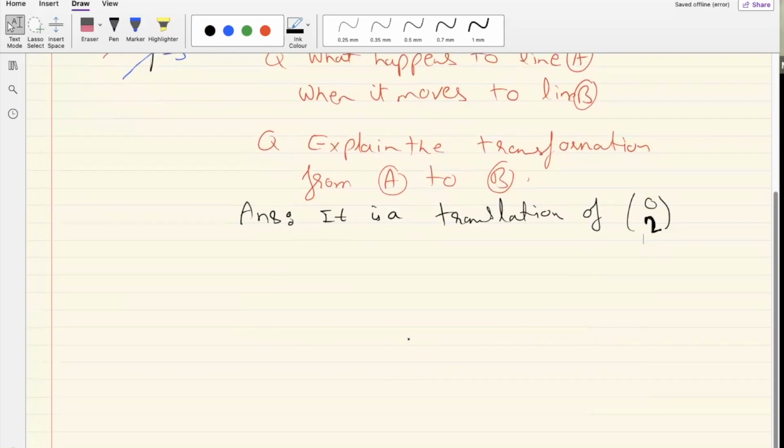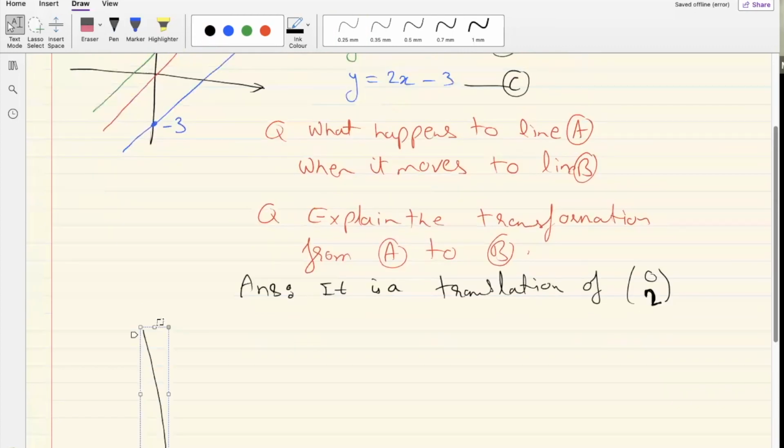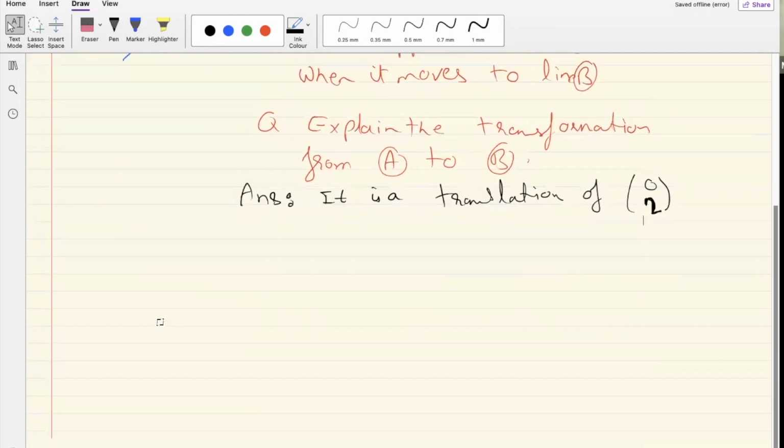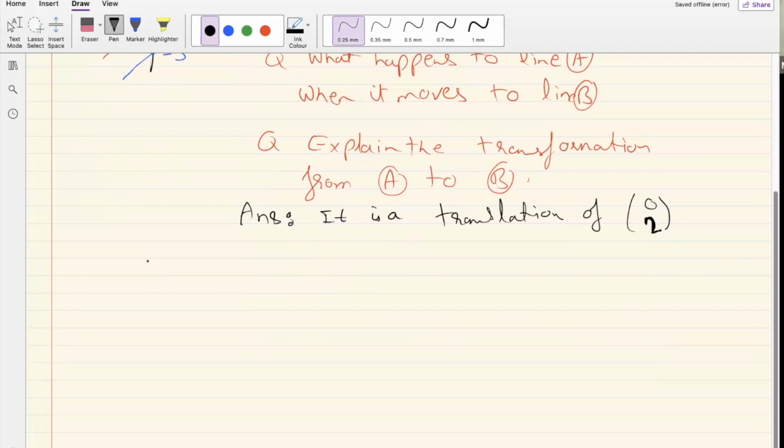Okay, comparing this with this new question, if I say that we have a graph which is a curve and the turning point is x2, y1.